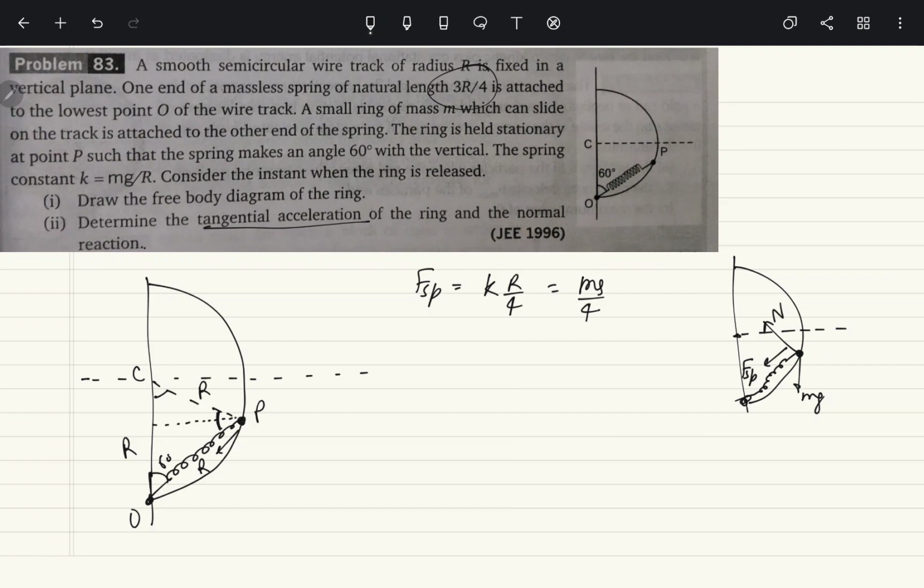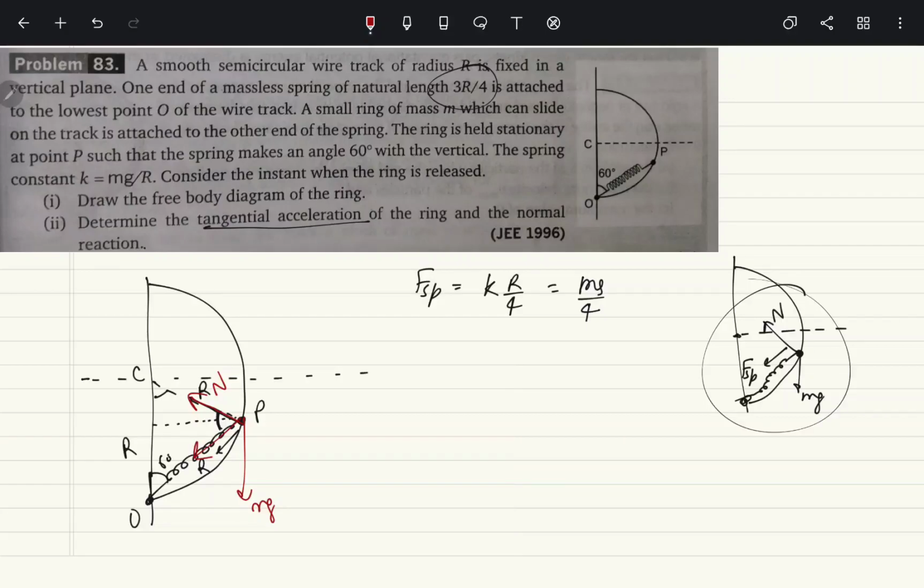First we'll calculate the normal reaction, because here P is stationary. For that we have this FBD. So this is normal. I'll draw that again. This is normal, this is mg, and there's a spring force which is acting in this direction.